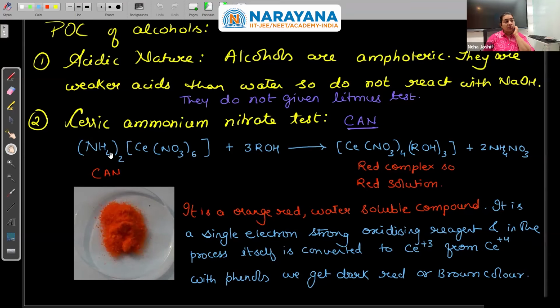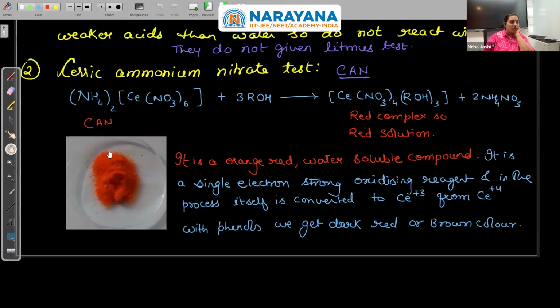The formula for ceric ammonium nitrate is (NH4)2[Ce(NO3)6]. Now see how bright, beautiful orange color CAN is originally. And when we dissolve it with alcohol, we get this red complex or red color solution, where alcohol itself is acting as a ligand, and ammonium nitrate is separate.